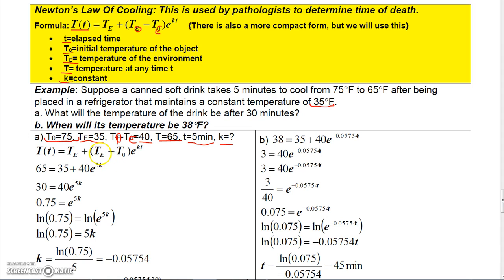Well, the temperature that it's going to drop to is 65 degrees, the temperature of the environment is 35 degrees, and the difference in the initial temperature and the temperature of the environment is 40 degrees. And then we have e to the kt, but we know t is 5, so we can put 5 in for t and get 5 times k.